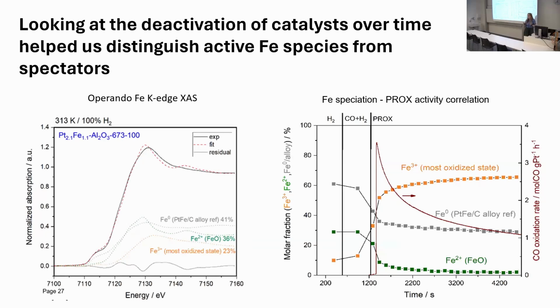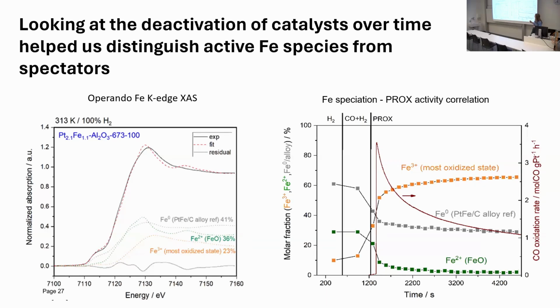For several catalysts, we first activated them according to the protocol which I've shown before, which can be at 5% or 100% of hydrogen. Then we put them under catalytic conditions. We could see that once you make this PROX mixture, the activity very sharply increases.